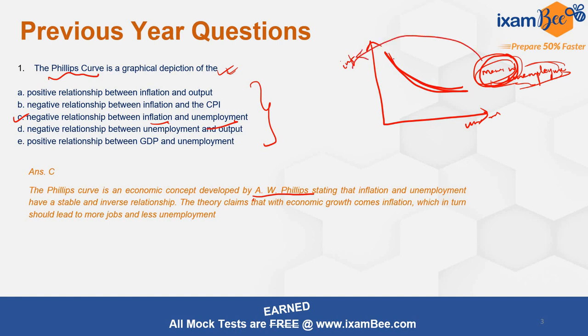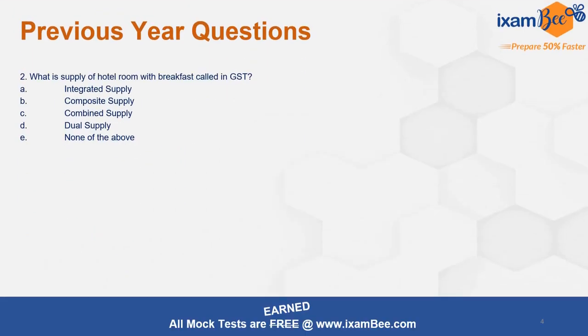So that's how we came to understand this graph as a negative relationship between the inflation rate and the unemployment rate. It's a stable inverse relationship, and this was done by A.W. Phillips. Now let's look at the second question for this particular video.